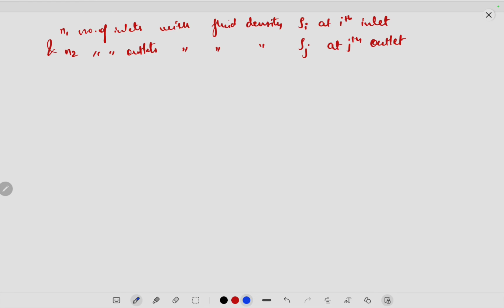So in that case, the equation would become minus summation i is equal to 1 to n1 rho i ai vi plus summation j is equal to 1 to n2 rho j aj vj, okay, equal to 0.